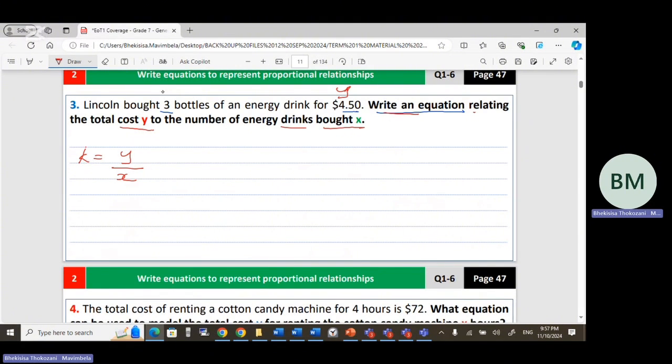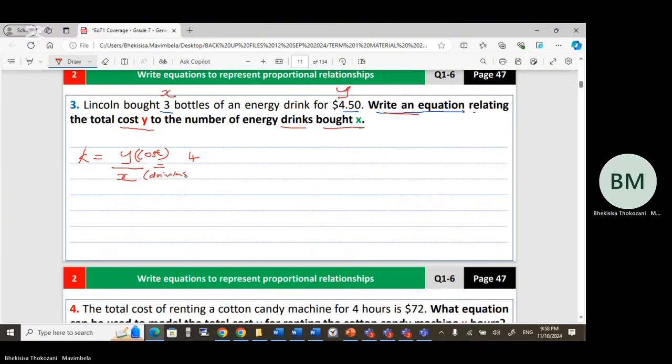So this is my X. They already told me in the statement, so that's why I'm writing that. This is your cost, and these are your drinks.